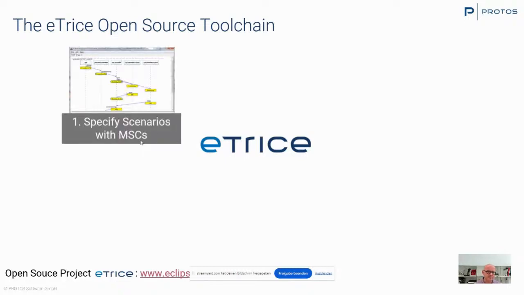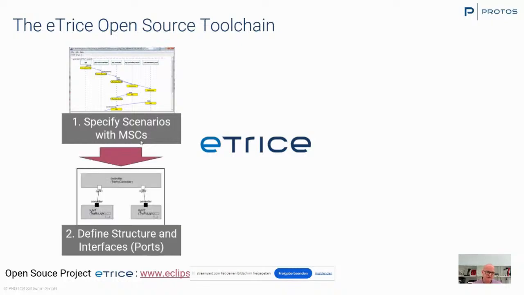So the process in eTrice is you specify scenarios, for example, with sequence diagrams. So you want to express how your components interact, or user requirements. I want to push the button and something needs to happen over there. That's a typical starting point. You can start at any other point as well. Then you define a structure of your system.